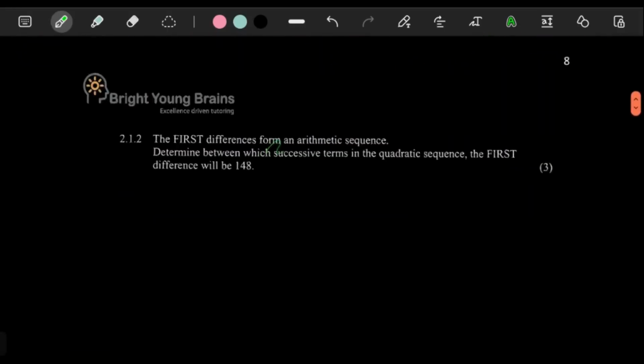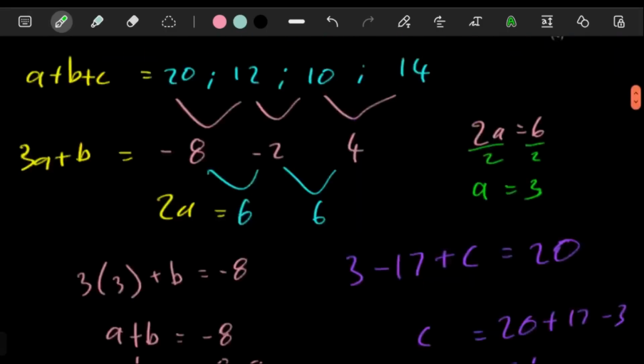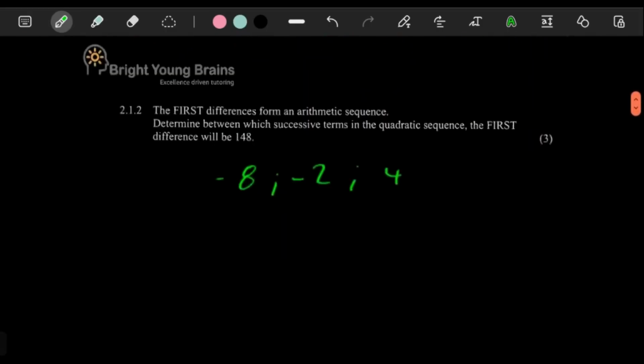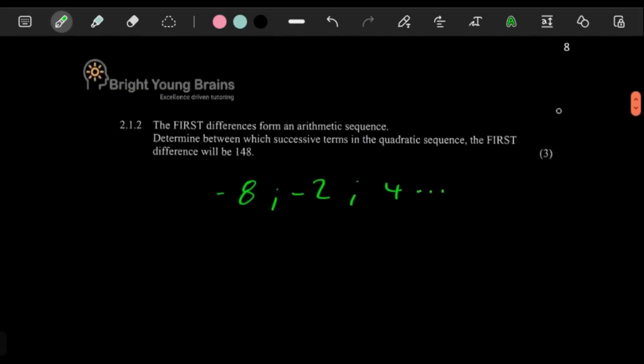So they said here, these first differences form an arithmetic sequence; determine between which successive terms in the quadratic sequence the first difference will be 148. All they mean is, in this sequence here, negative 8, negative 2, and 4, they want us to find out where we have 148.